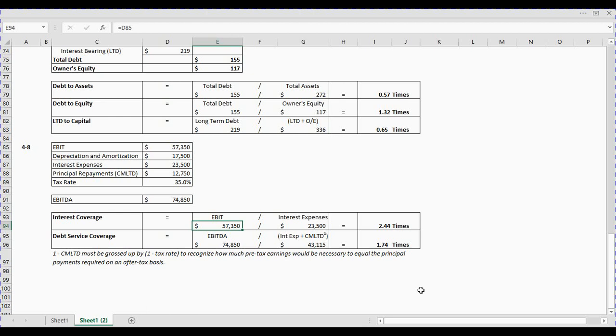Of course, if I've got long-term debt, not only do I have interest charges, but I've also got principal repayment requirements. I am most familiar with calling that current maturities of long-term debt, or CMLTD. So that's why I have that there.